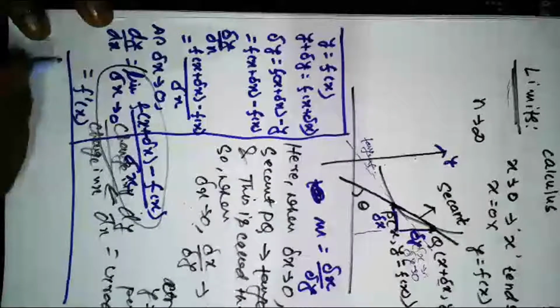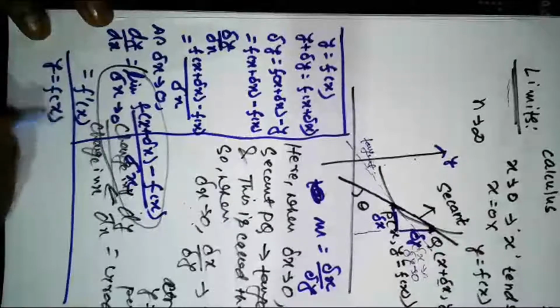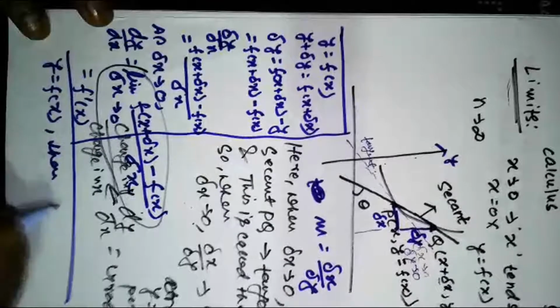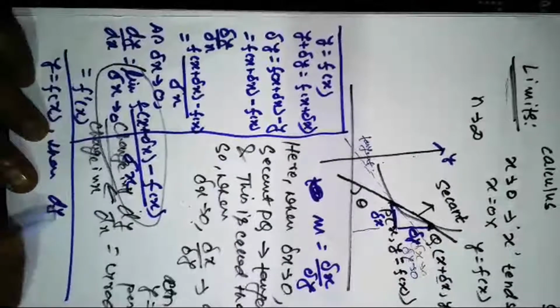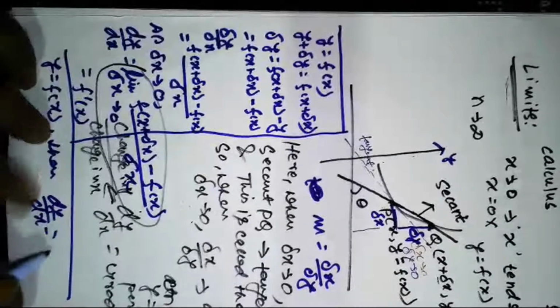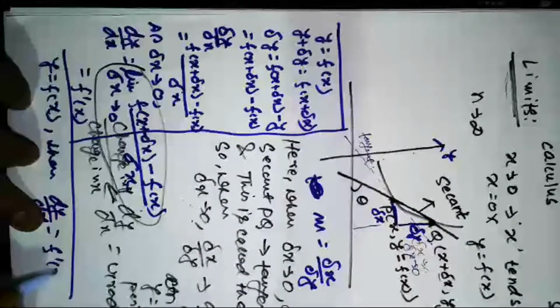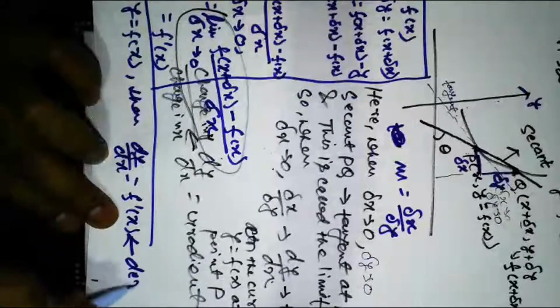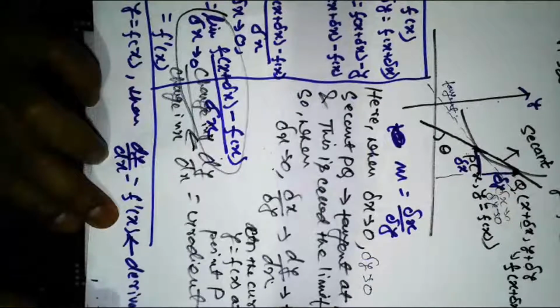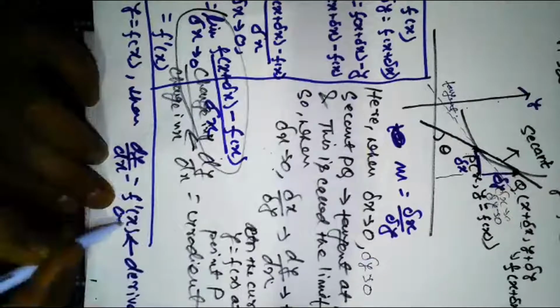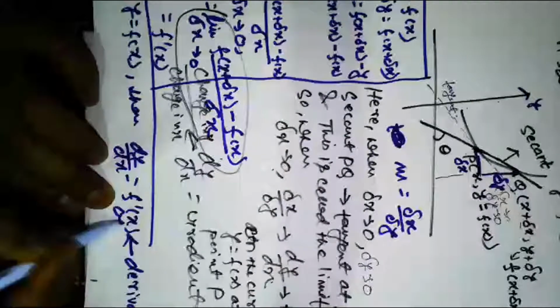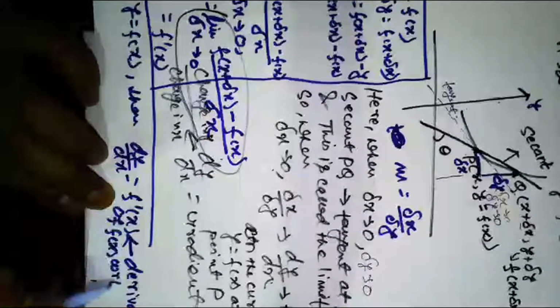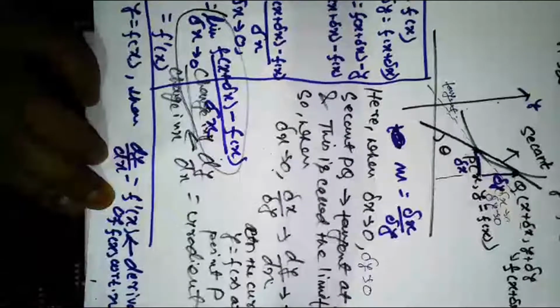So if you write y equal to f(x), then dy by dx equals f dashed x. So f dashed x means the derivative of f(x) with respect to x.